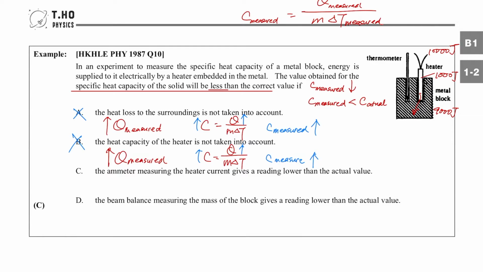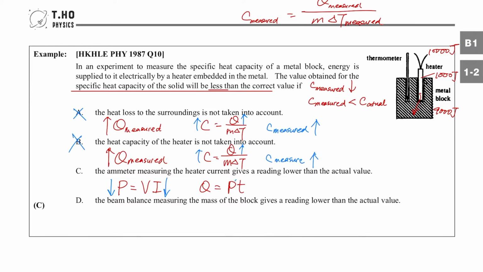For statement C, the ammeter measuring the heater current gives a reading lower than the actual value. Okay, so we know that power of the heater is given by VI. If the ammeter gives a lower reading, that means the power is lower as well. Q is equal to power times time.